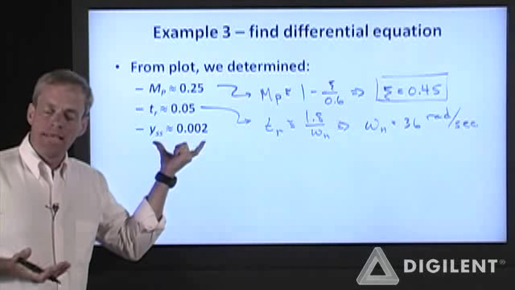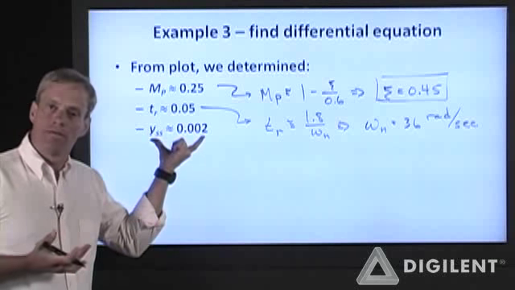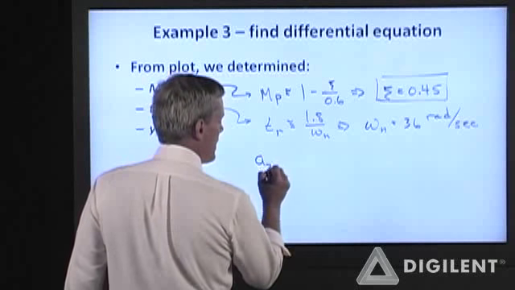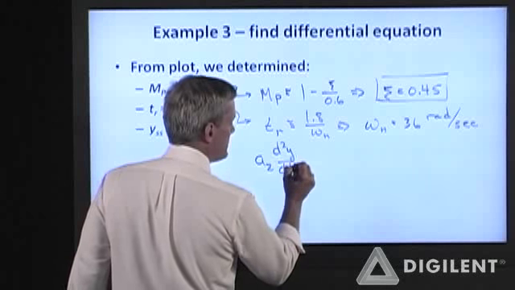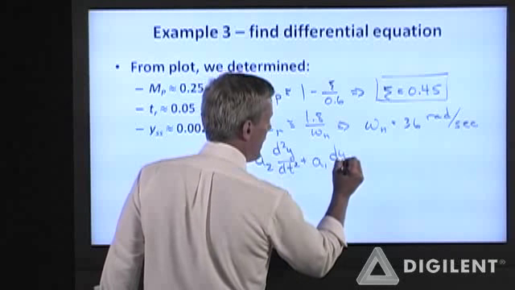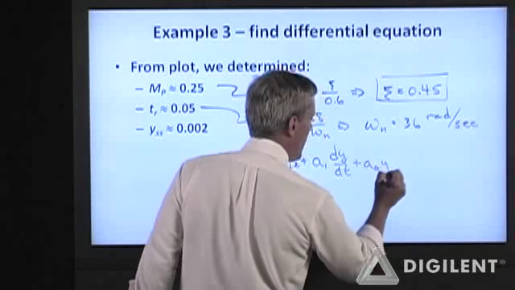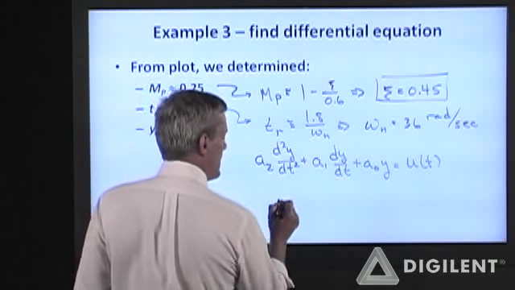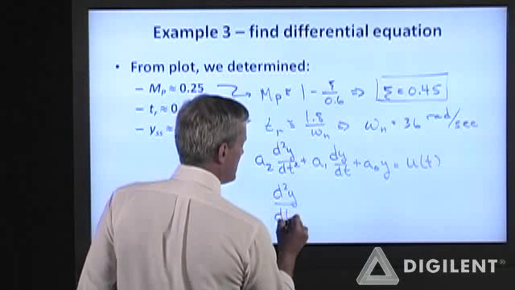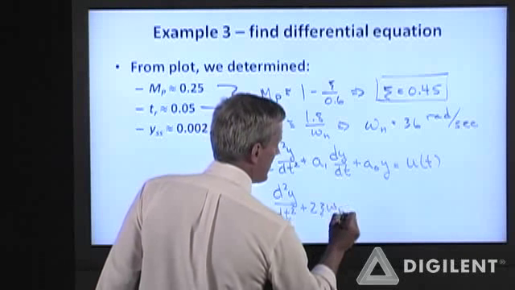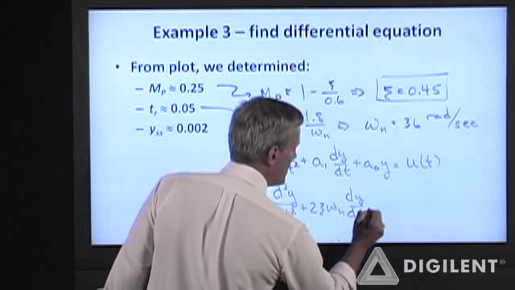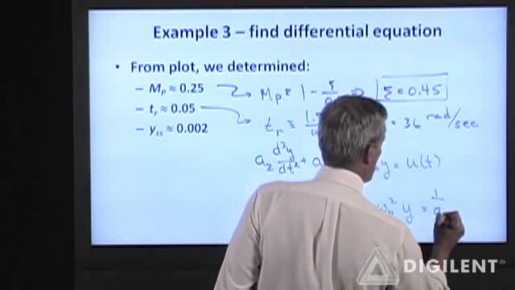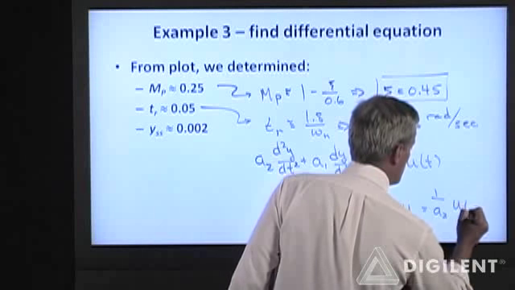Now we have to use the DC gain of the system to determine the steady state response. If we write our equation in terms of a2 d squared y dt squared plus a1 dy by dt plus a0 y is equal to u of t, that's equivalent to, if we divide through by a2, d squared y dt squared plus 2 zeta omega n dy by dt plus omega n squared y is equal to 1 over a2 times u of t.